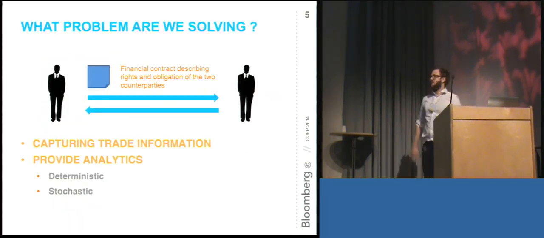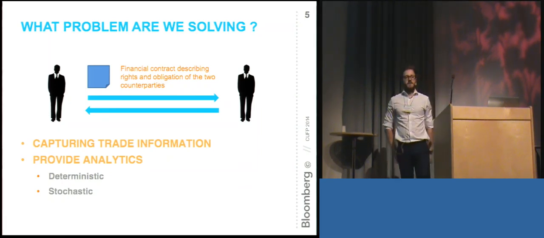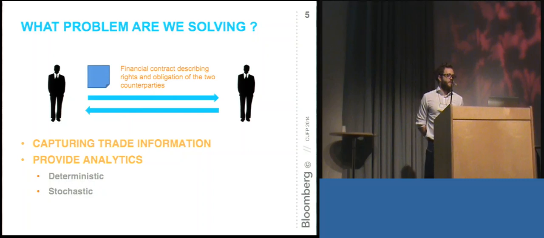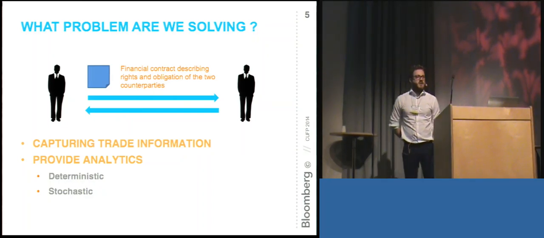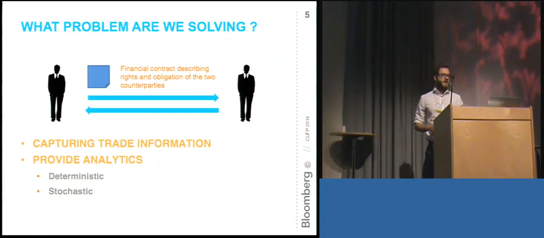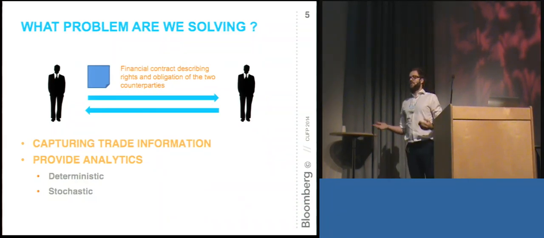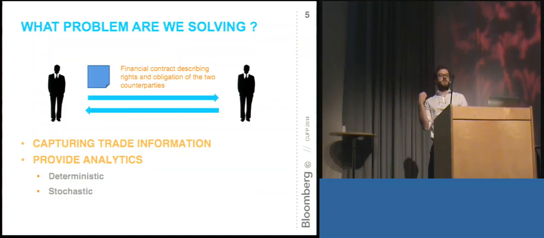Okay, so what are the kinds of problems we are solving? Essentially, in the finance industry, you have 2 people that are going to make a deal between themselves, a derivative contract, and they're going to agree to exchange a certain amount of money, and they're going to have rights and obligations. So one of the challenges is how do you capture this information, and then how do you provide tools around this contract? We have basically 2 types of analysis. We have deterministic analysis.